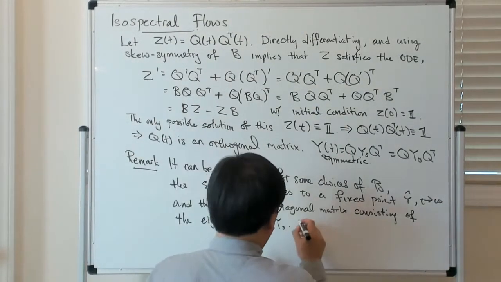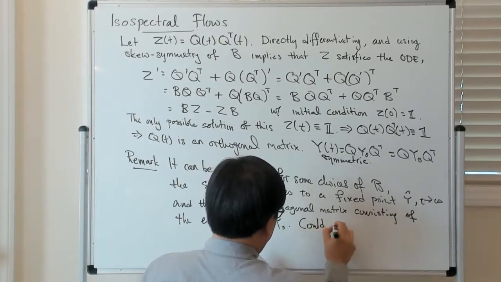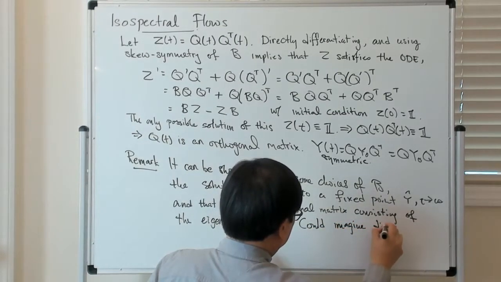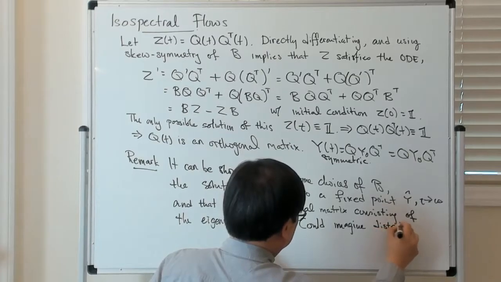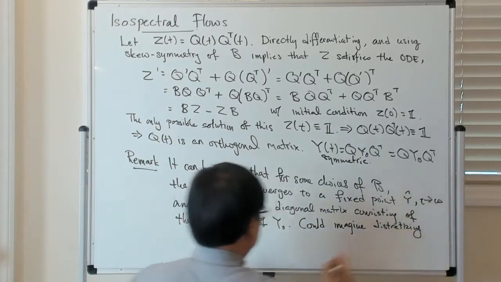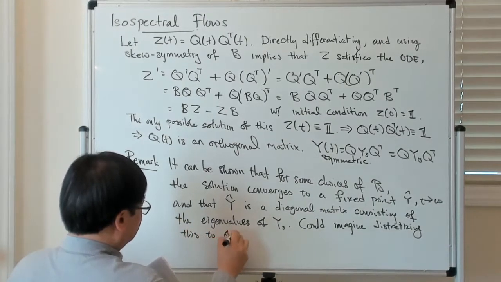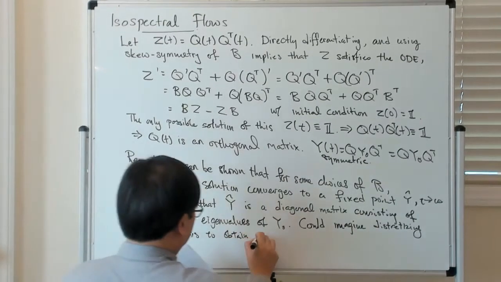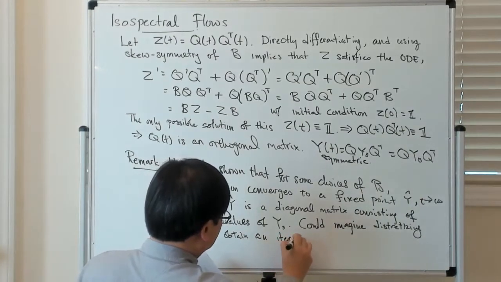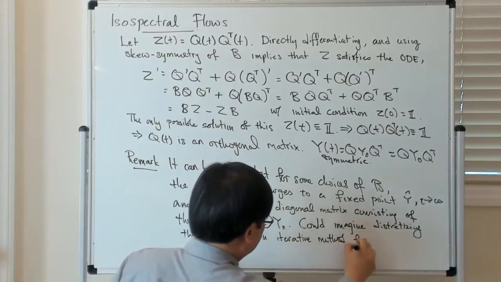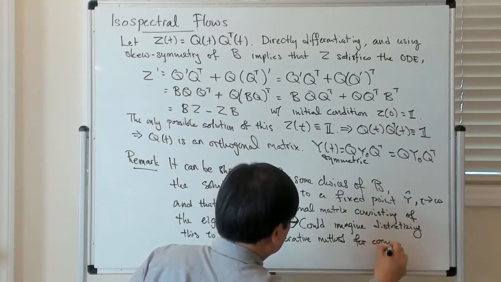So you could imagine discretizing this to obtain an iterative method for computing eigenvalues.